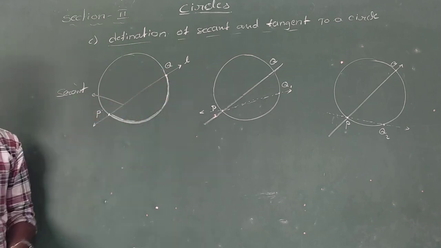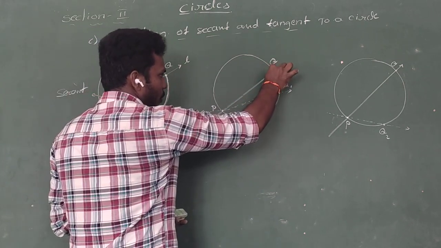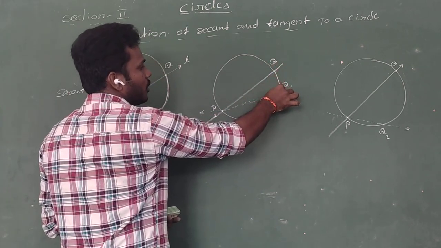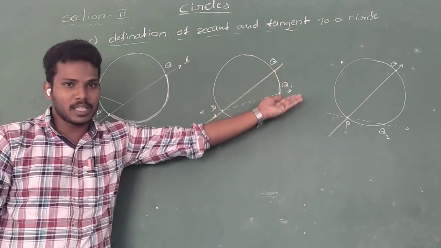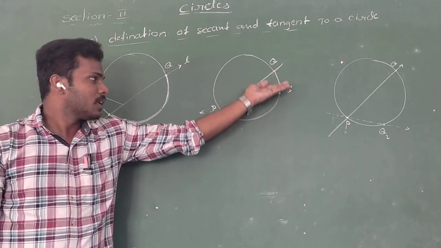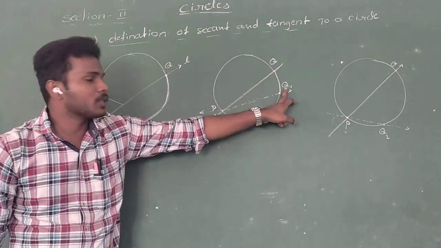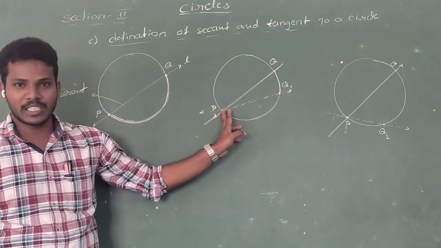So look at the second diagram. This is the original position. The point can be changed up to here. It's a point Q1. Q is moving along the path of the arc. Suppose I am taking Q1 in this position, but P is a fixed point here.